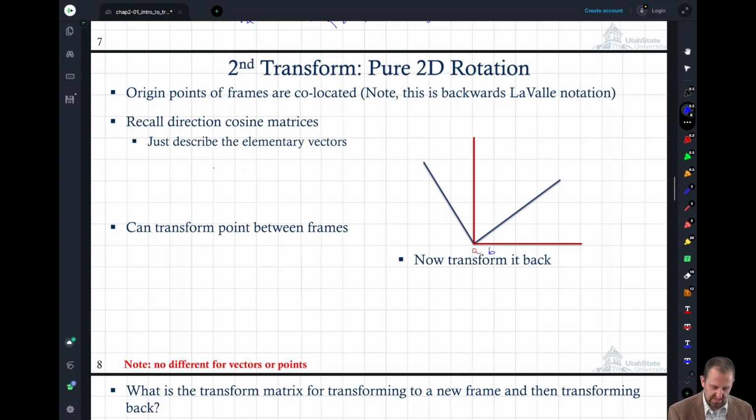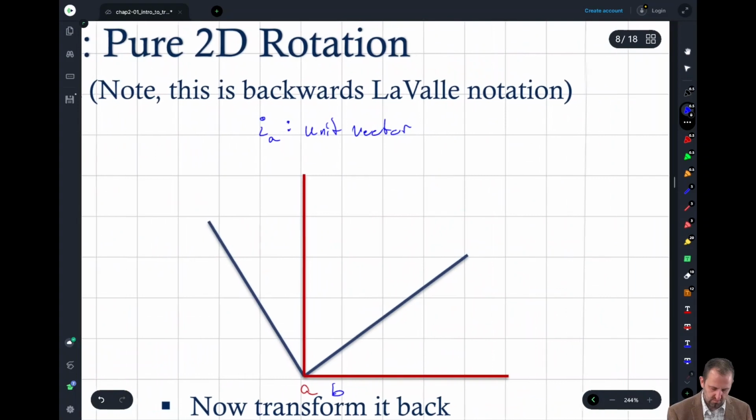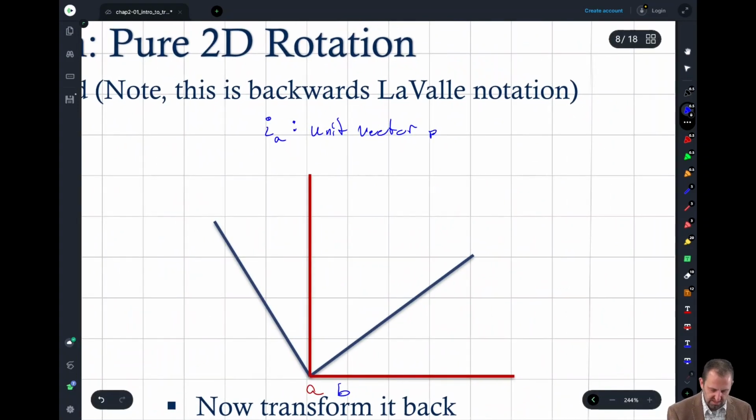So we're going to say that I sub A is the unit vector pointing along the A frame x-axis.